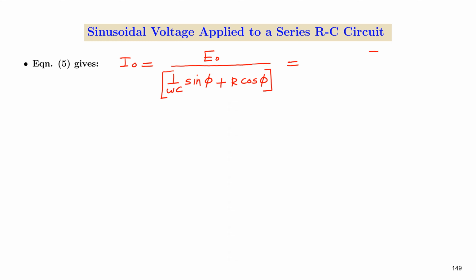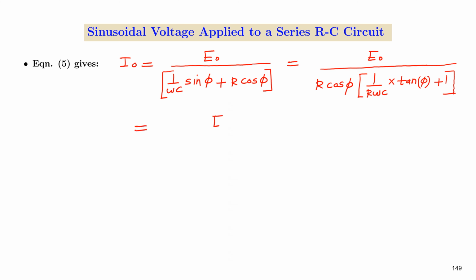And this is equal to E0 over r cos phi multiplied by (1 by r omega c multiplied by tan phi plus 1). And this is equal to E0 over r cos phi multiplied by (1 over r square omega square c square plus 1).